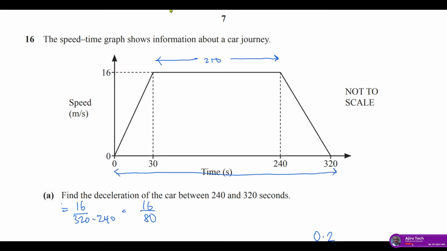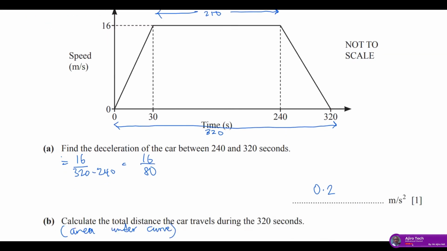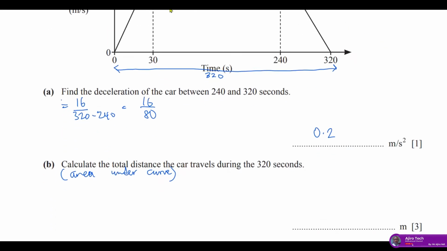So this shape is that of a trapezium, 320, I mean. So what we calculate is the area of the trapezium. Area is (a plus b) over 2 times height.